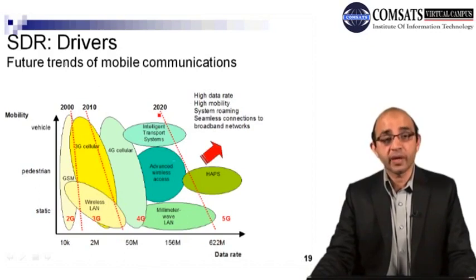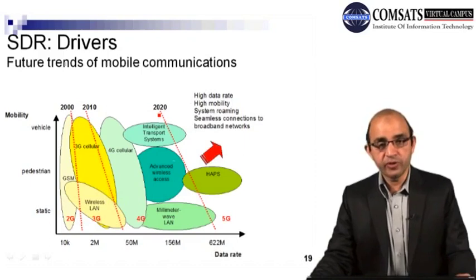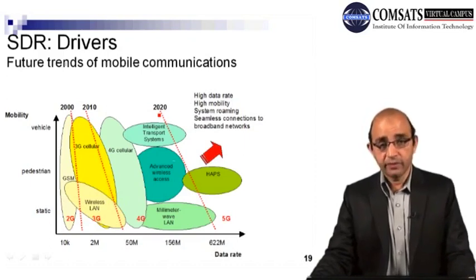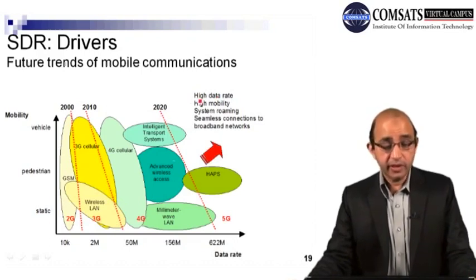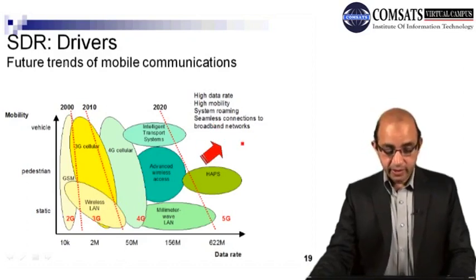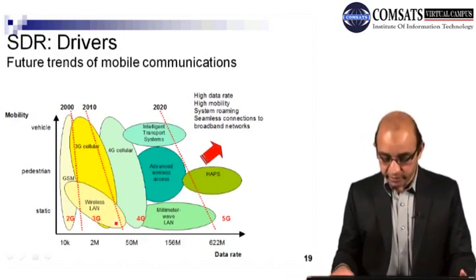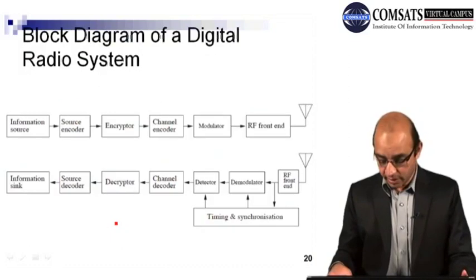It's 622 mega, enormous. And you can even download a movie within seconds, right? So the objective over here is high data rate, high mobility, mobility management, and system roaming, seamless connection to broadband services, right? So we want higher data rate alongside the mobility. So this is the key issue, key point, and this is the ultimate target.